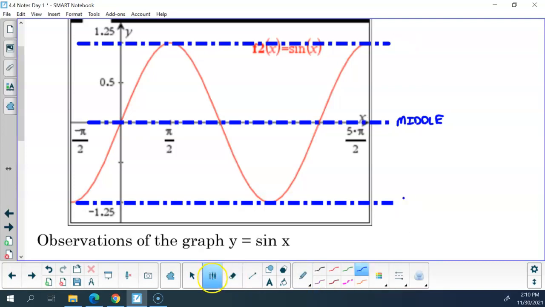Get it in the right terminology. Low and high. Okay? So the amplitude is the distance from here to here, or from here to there. That's what we mean by the distance for the amplitude.